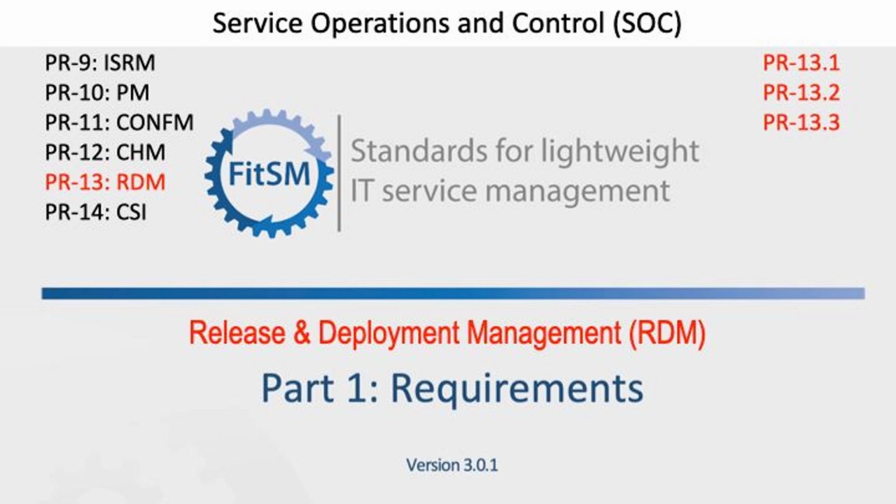PR 13.3 Deployment of releases shall be planned, including acceptance criteria, as needed. PR 13.4 Releases shall be built, tested, and evaluated against acceptance criteria prior to being deployed. The extent of release testing shall be appropriate to the type of release and its potential impact on services.